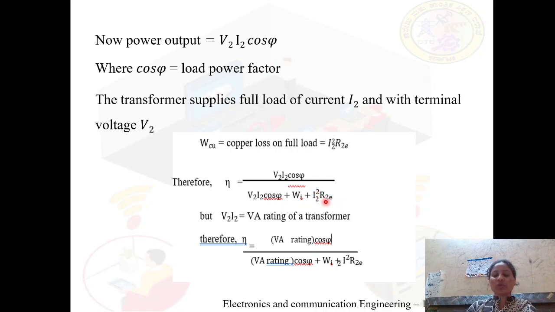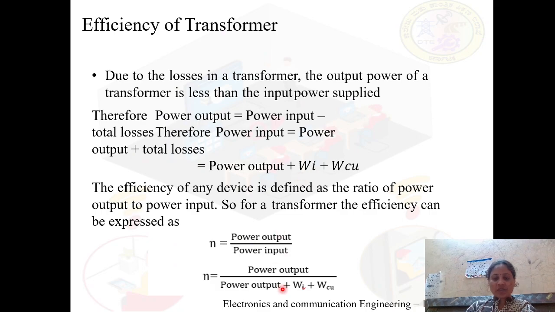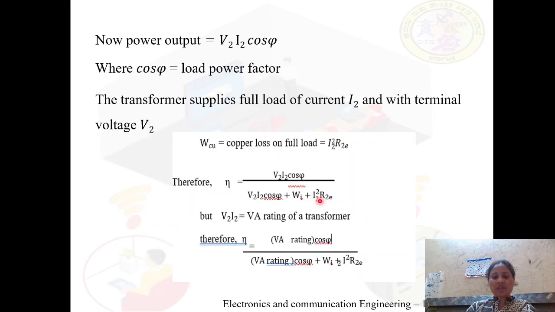That is due to the resistance at the secondary and the current at the secondary, which is I2 square into R2E. I repeat, power output is V2 I2 cos phi, and WCU is I2 square into R2E.